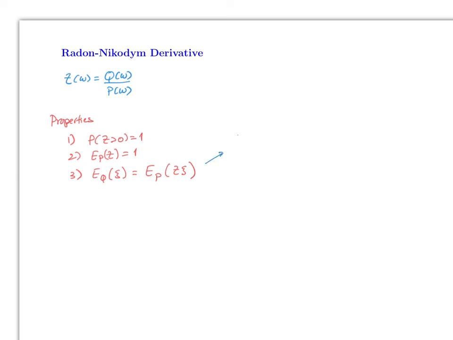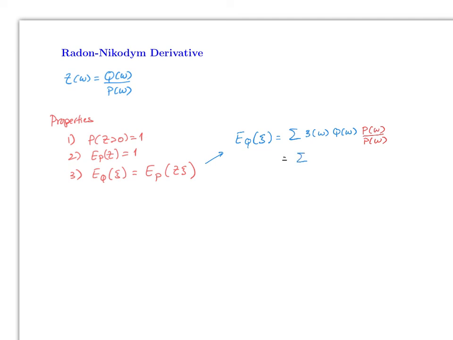To prove property 3 is actually pretty easy. Remember, by definition, the expected value with respect to Q of X should be the sum of X of omega times Q of omega. That's the definition. You can always multiply anything by 1, and since these are positive probabilities, you're not dividing by 0, so you are allowed to do that.